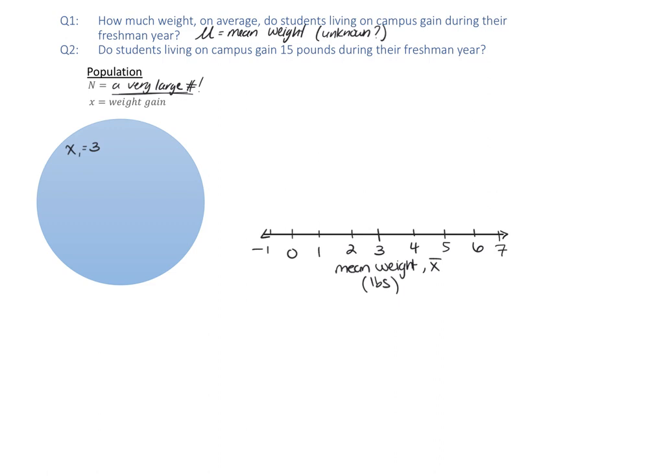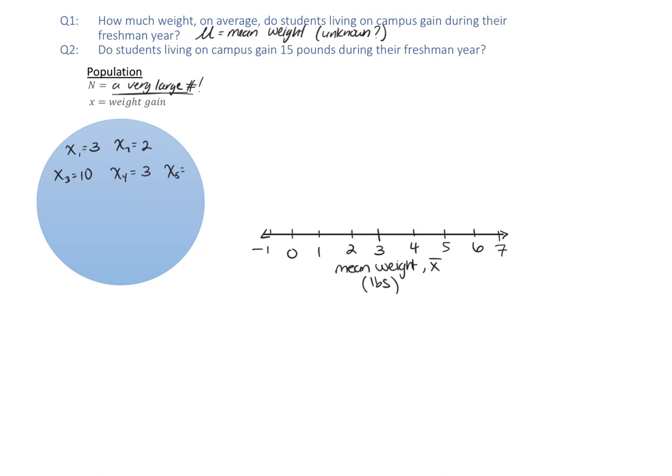student. So let's suppose that student X sub 1 gained 3 pounds. Let's say that student 2 gained 2 pounds, and then let's say student 3 gained, I'm making up some data here, 10 pounds. And then another student in our population, maybe they also gained 3 pounds.